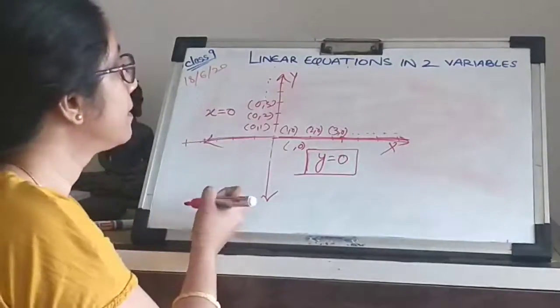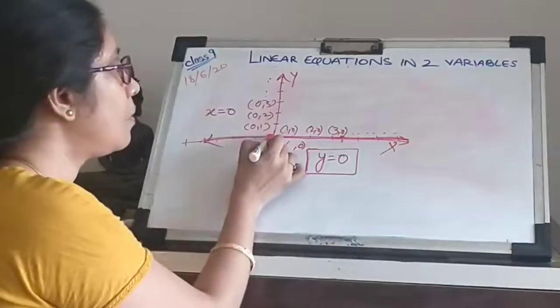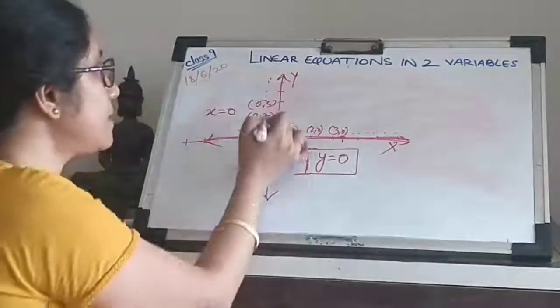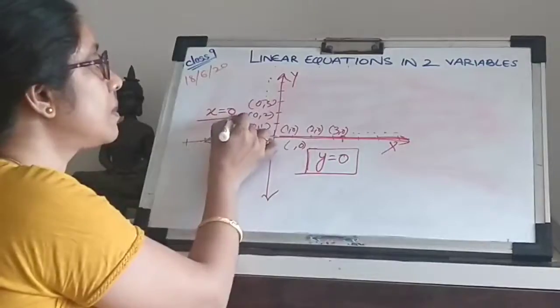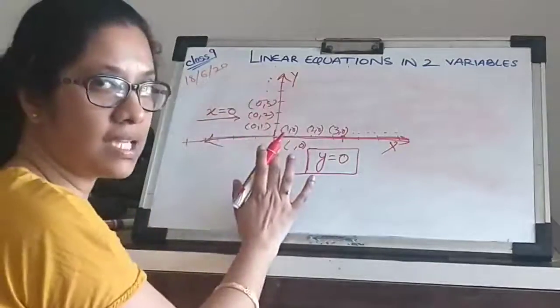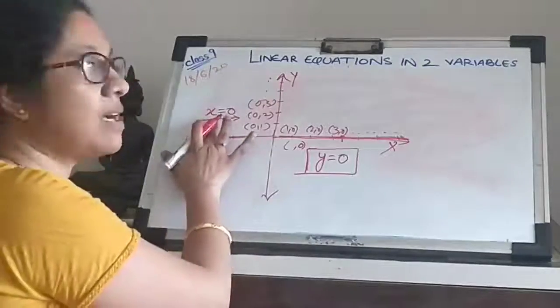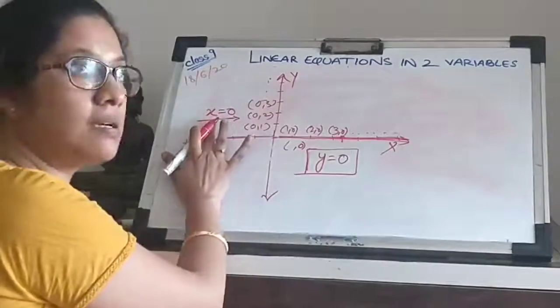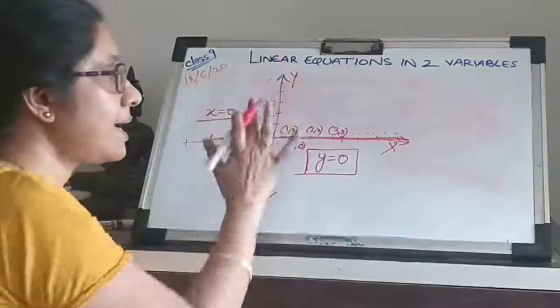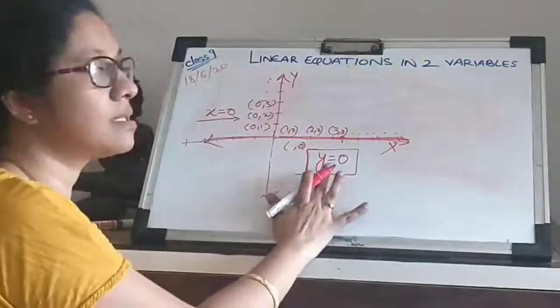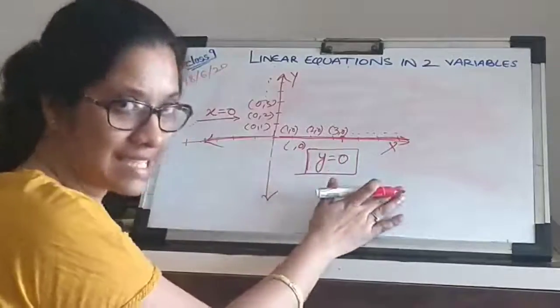So the equation of the y-axis is x equal to 0. Whatever be the value of y, x will always be 0. That is why x equal to 0 is the linear equation representing the y-axis, and y equal to 0 is the linear equation representing the x-axis.